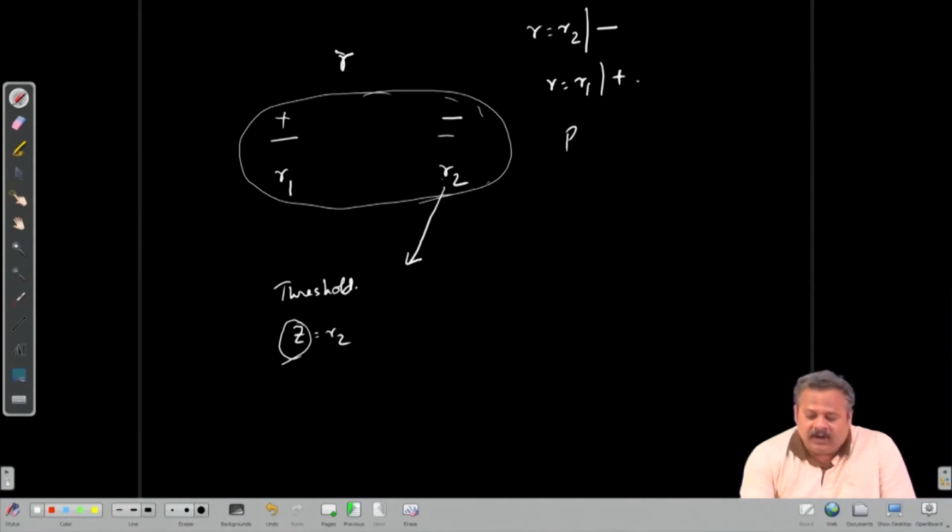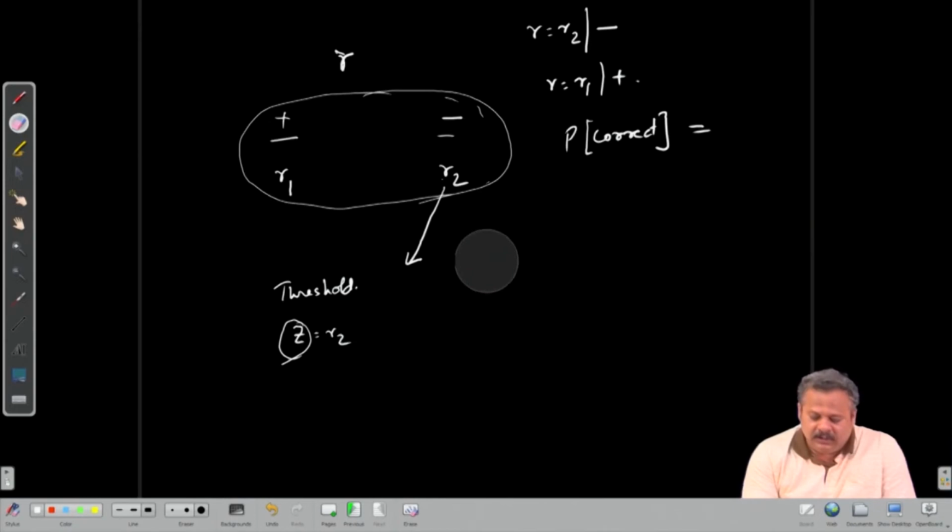So, if we take this Z as R2, then we can write out the probability of correct in this manner. Let us say we have a particular value of Z. So, let us draw this curve here.